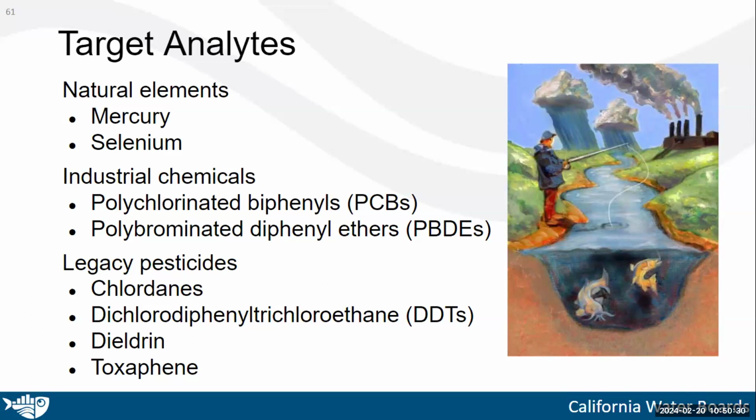Just wondering how you come up with the target analyte list. I'm assuming it's purely health-based. But if there were levels that would affect the actual fish health, would that be sent over to California Department of Fish and Wildlife to do further studies, or how does that work? Or maybe you'll get to that a little bit later.